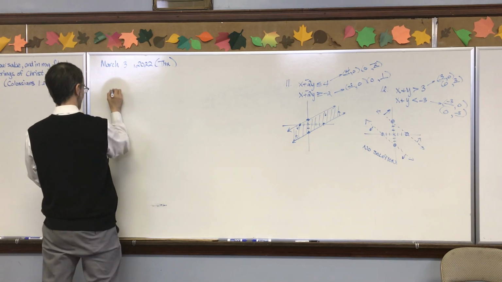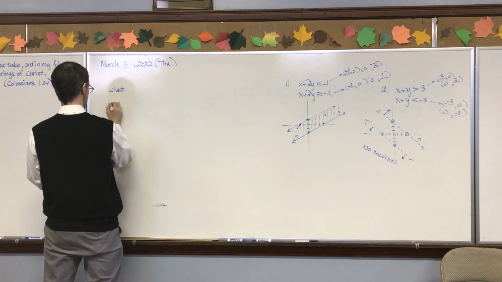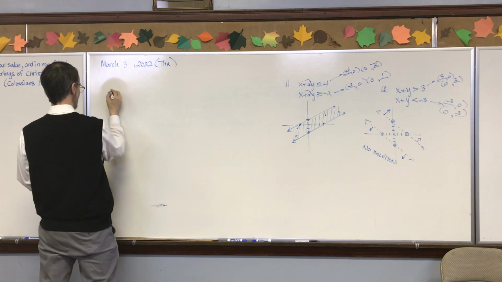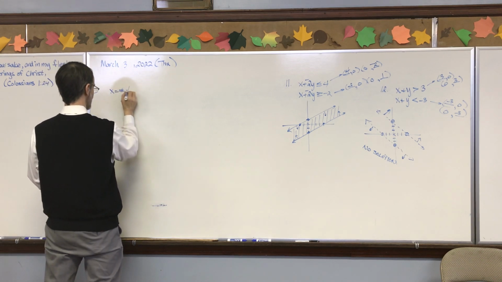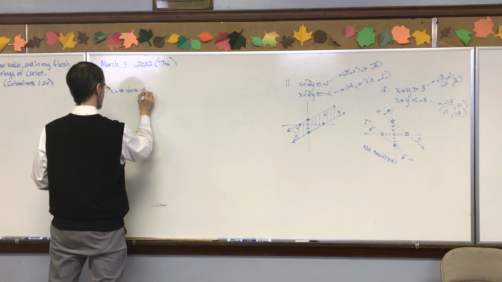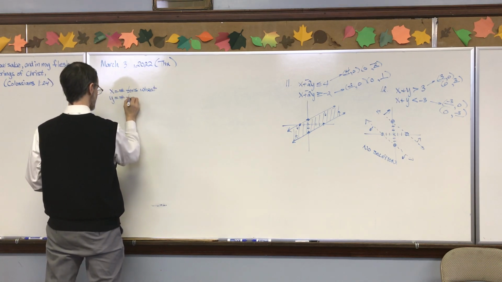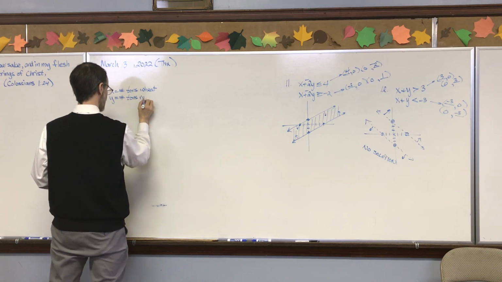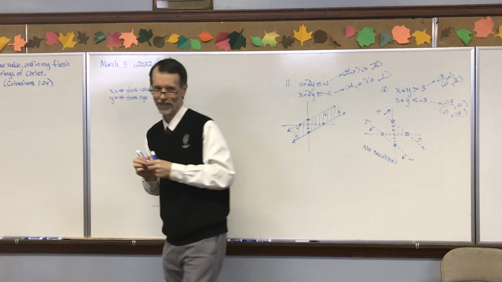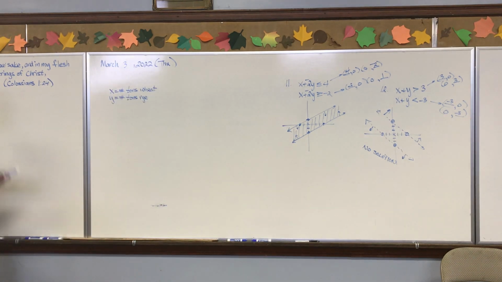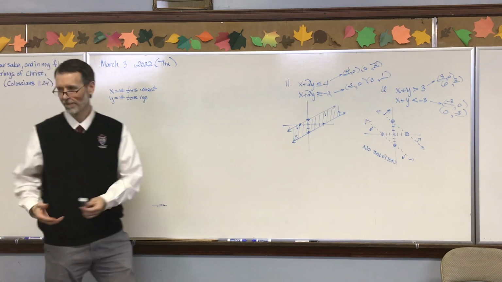So I put x is the number of tons of wheat, and y is the number of tons of rye. The very first step in any of these problems is define your variables. Tell me what the variables mean. In this case, x is how much wheat in tons, and y is how much rye in tons. And rye is a type of grain, by the way, kind of like rye bread.